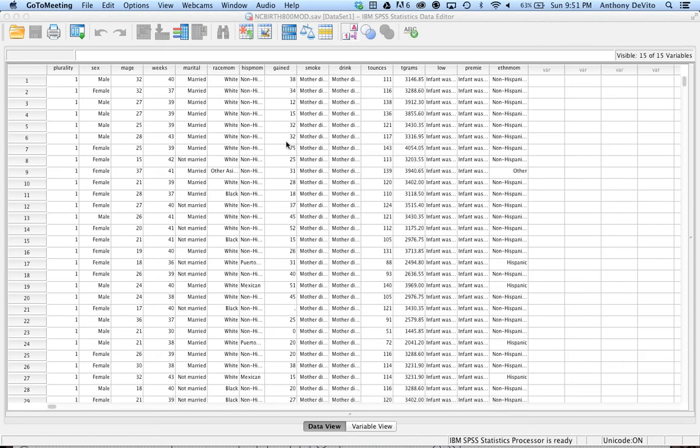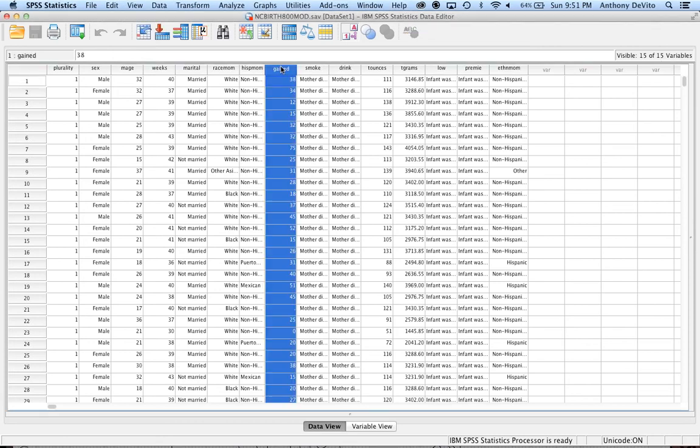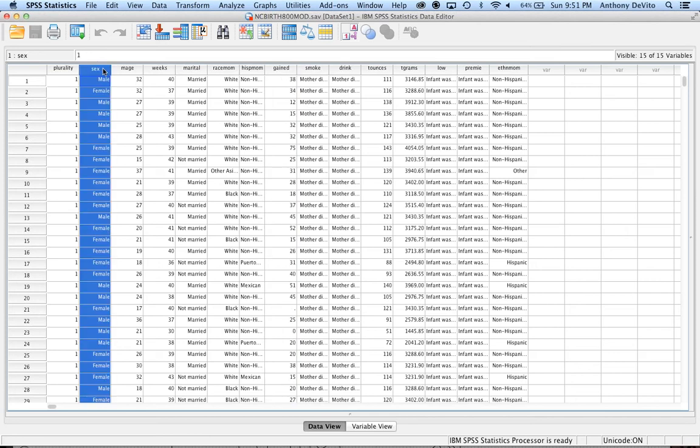Okay, so now here's our database. It opened up in the data view. The one we're interested in is gained, weight gain, a numerical variable. So it's appropriate for us to do these descriptive statistics. If it wasn't a numerical variable, let's say we wanted to check the gender of the infant that was born, we would use frequencies for a nominal or categorical variable.